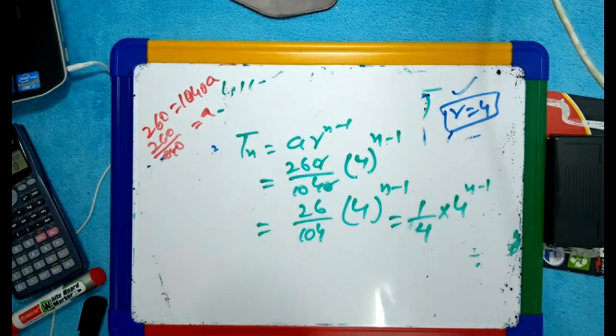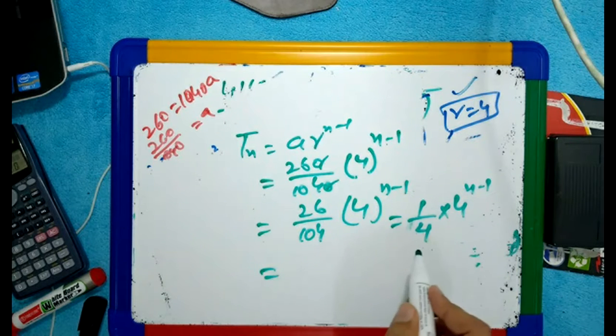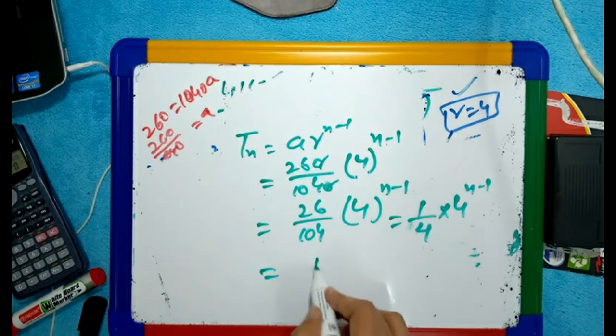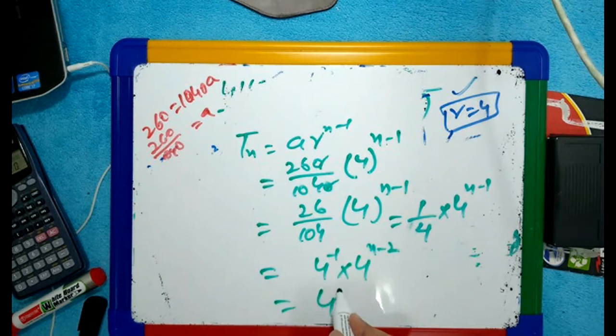Yesterday we did some indices also. If we move this up, it will be 4 raised to power minus 1 times 4 raised to power n minus 1; adding the powers, 4 raised to power n minus 2. So this will be 4 raised to power n minus 2.